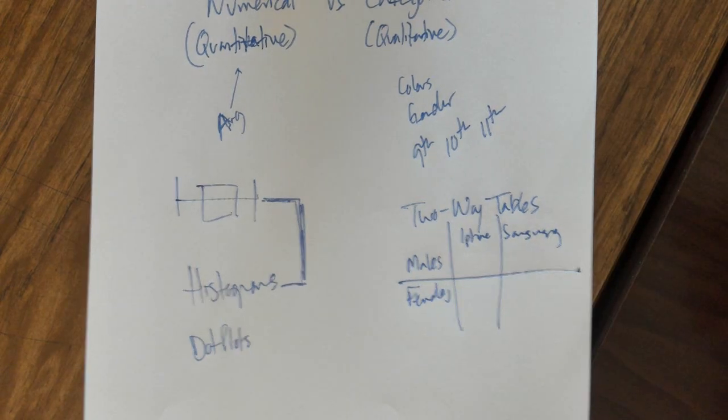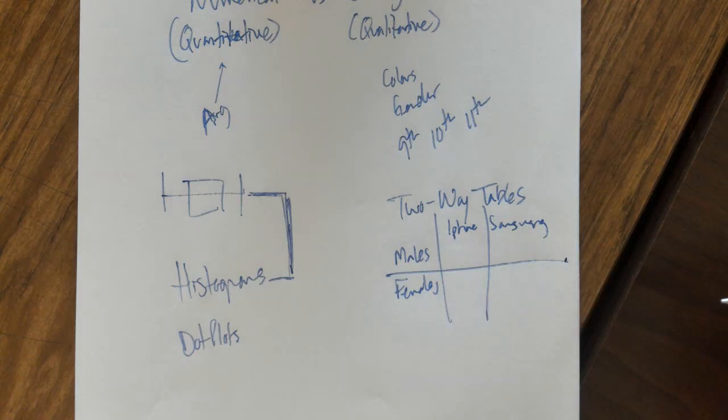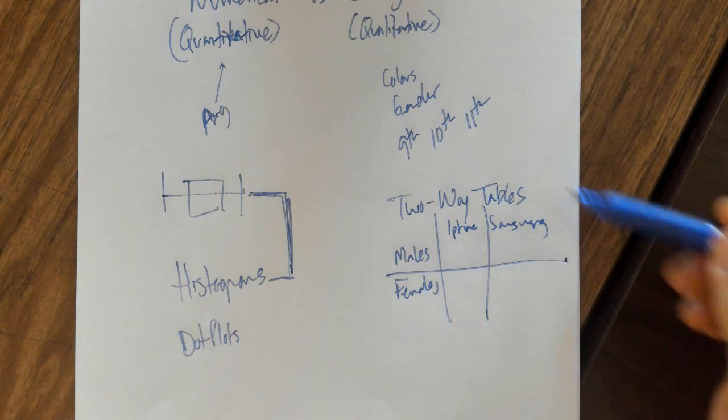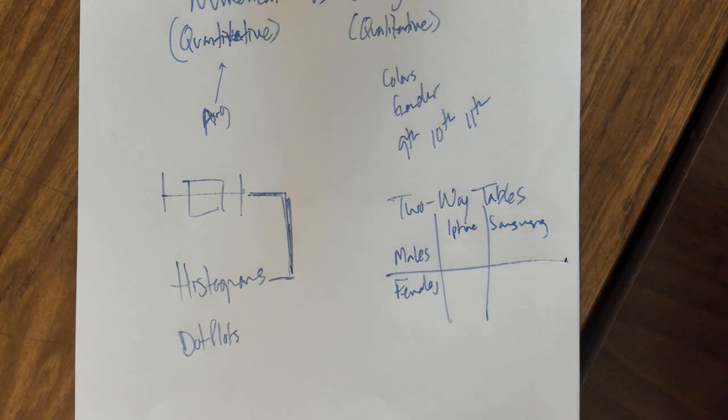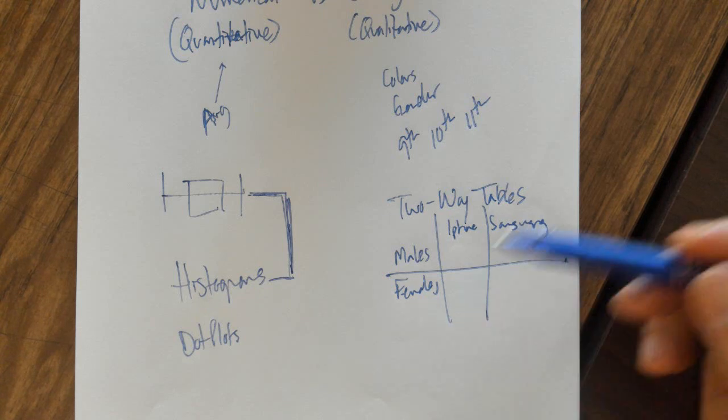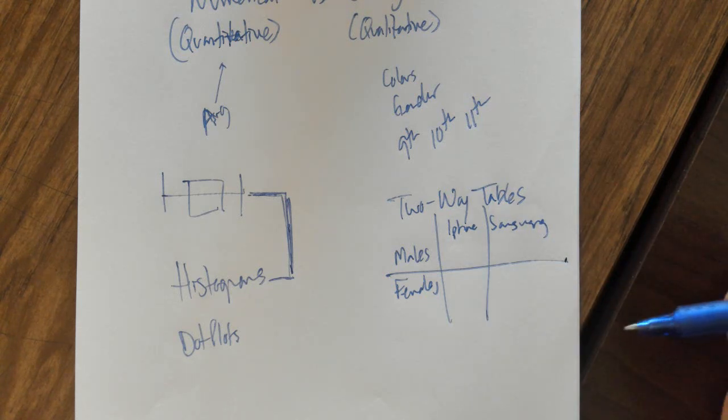This is a two-way table because you can read data in two different directions, right? And you'll get more into that for chi-square in the next chapter you're going to get into.